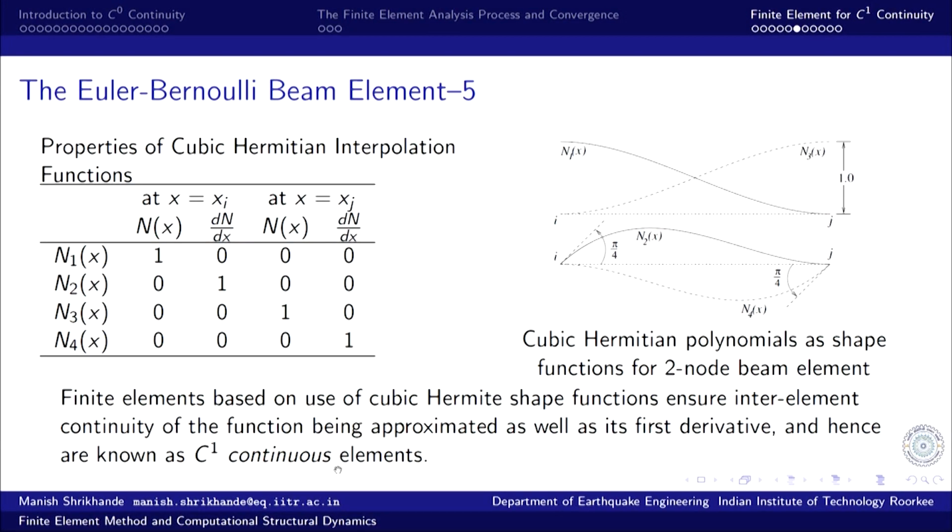Therefore, these elements are known as C1 continuous elements. C stands for continuity and the superscript 1 denotes the derivative order. So, the function is of course continuous, and its first order derivative is also continuous across the elements.